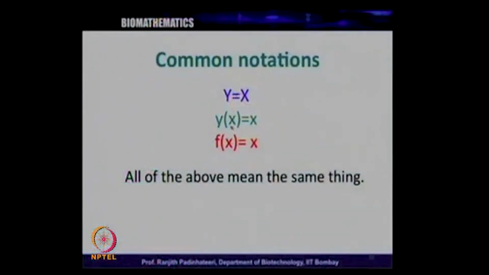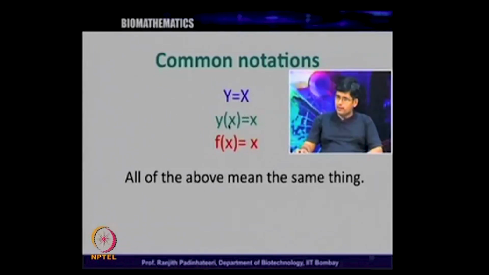When you say y of x, what it means is that y is a function of x, y depends on x. So, the y value varies depending on how x value varies. Similarly, when you say f of x, the f stands for function, and the function depends on the x value. And how does it depend? It depends like x.